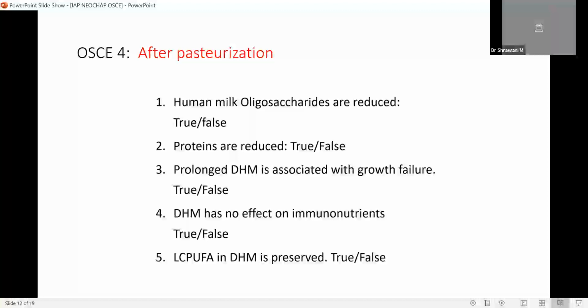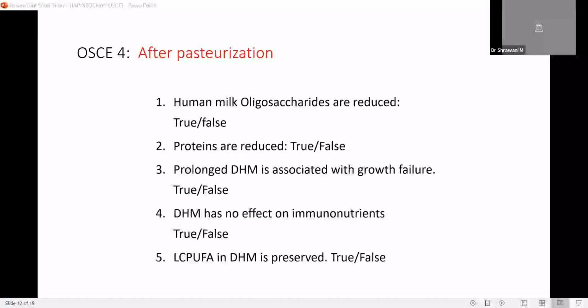Coming to the next OSCE, it is about pasteurization. You just have to say whether it is true or false. After pasteurization, the first question is whether the human milk oligosaccharides are reduced or not. Oligosaccharides are reduced.